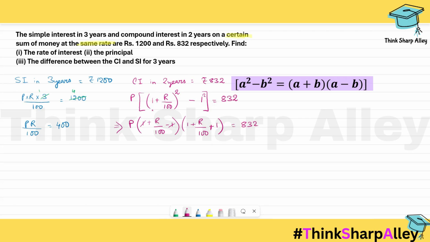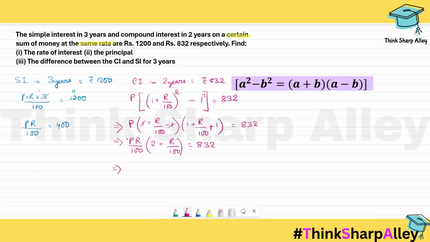Once again, I'm explaining this part. 1 plus R by 100 is my A and this is my B. So once I've done A minus B into A plus B, right? So next, as this 1 got cancelled, we have PR by 100 into 2 plus R by 100. 1 plus 1 is 2 plus R by 100.